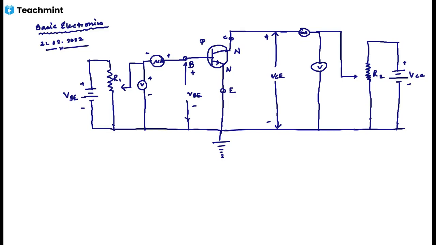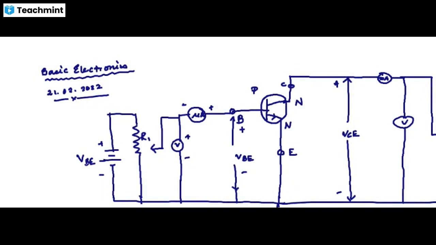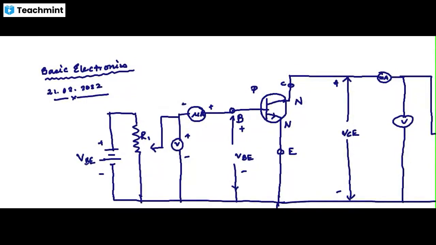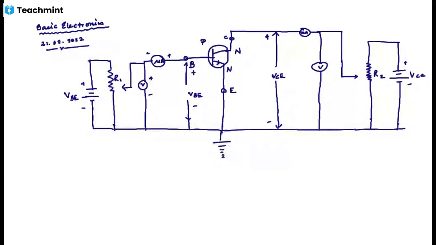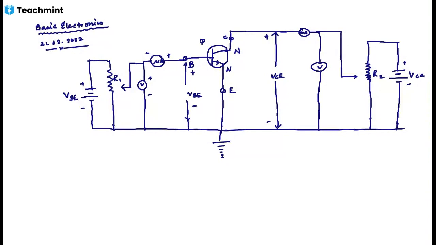So does everybody understand the circuit? Hello? The input characteristics curve may be obtained with the help of the circuit arrangement shown here by increasing the base-to-emitter voltage VBE in steps and recording the corresponding value of IB while keeping VCE constant.